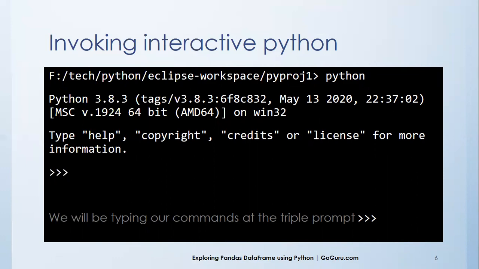Once you have everything ready, all you have to do is just type in python, and you will get the version number, what bit of operating system you have, and then it will stop at the three arrow prompts. The prompts are where you can start typing in your commands. So far what we have done is invoked Python, and we are in the interactive shell, and the shell is ready to accept our commands now.